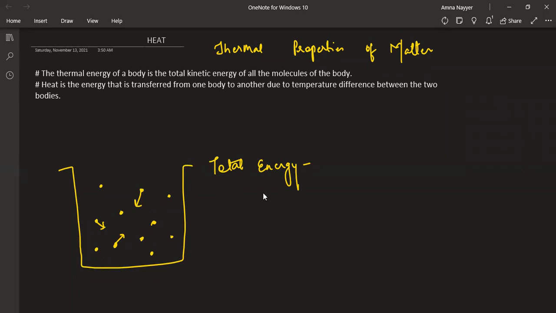So one will be translational kinetic energy. These particles will be rotating at their place, so they will have rotational kinetic energies.